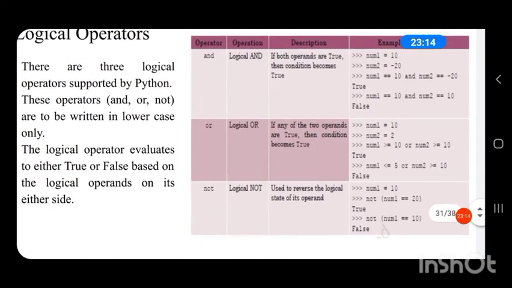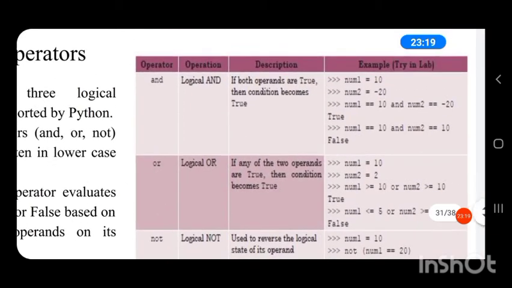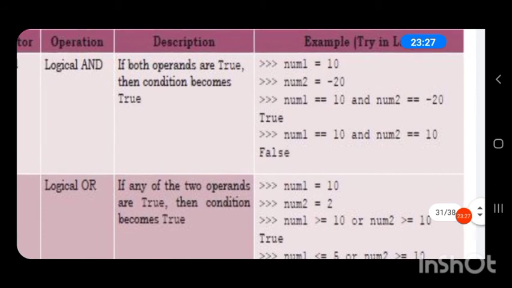So we have variable num1 is equal to 10, num2 is equal to minus 20, and in the next line num1 equal to 10 and num2 equal to minus 20. So here before and there is a condition and after and also there is a condition. Before the and operator there is a condition num1 equal to 10.